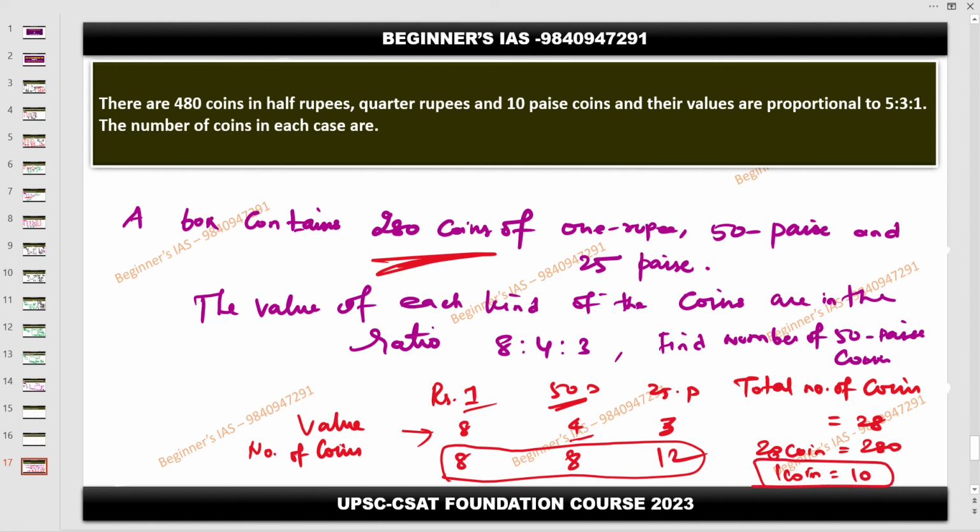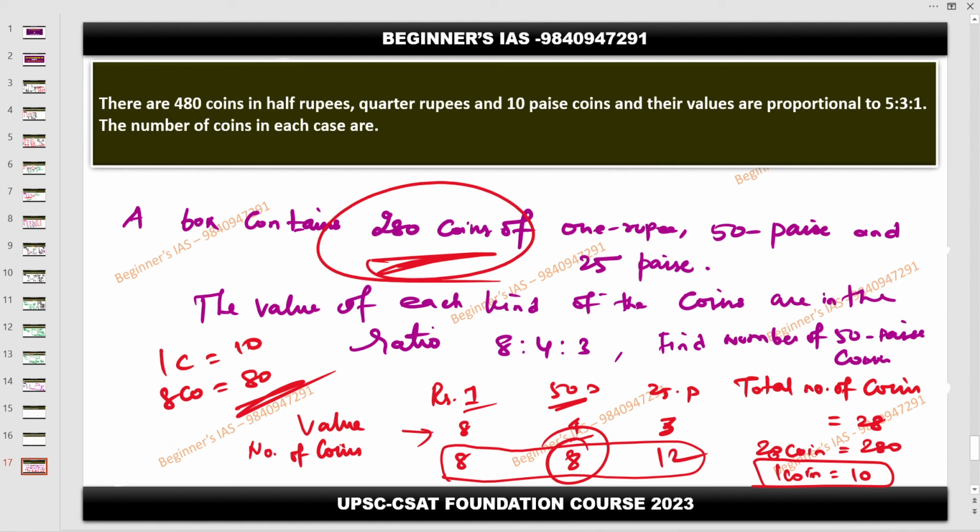Then how much do you need to calculate with respect to 50 paise? 50 paise is 8. One coin is equal to 10, then 8 coins is equal to what? 80. So totally 80 fifty-paise coins out of 280. Clear? Yes, sir.